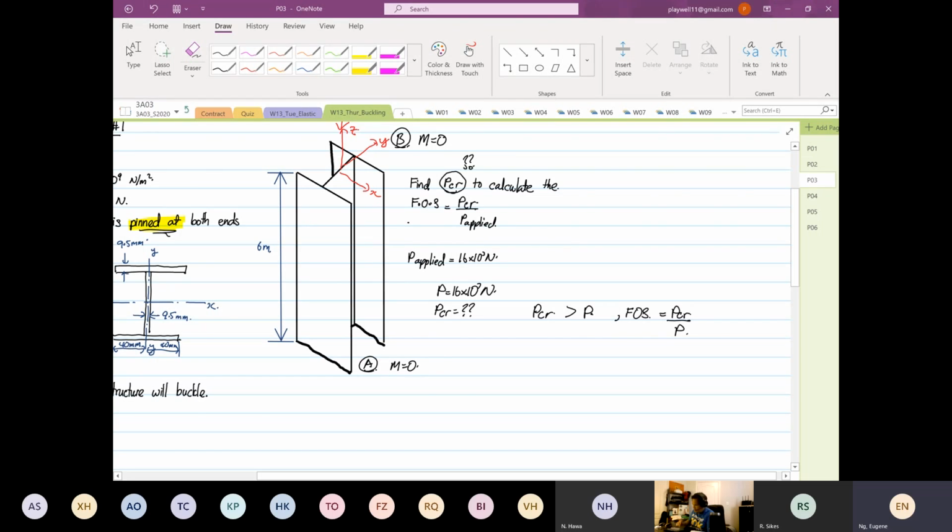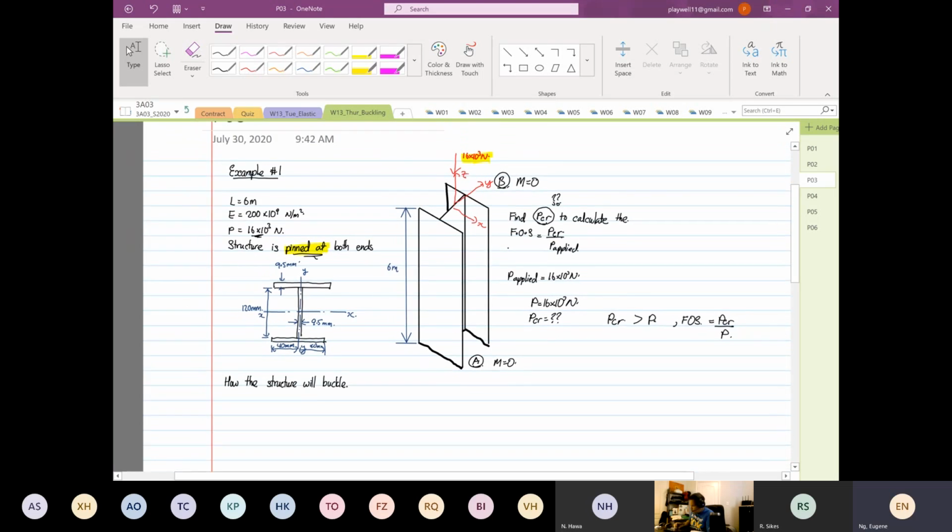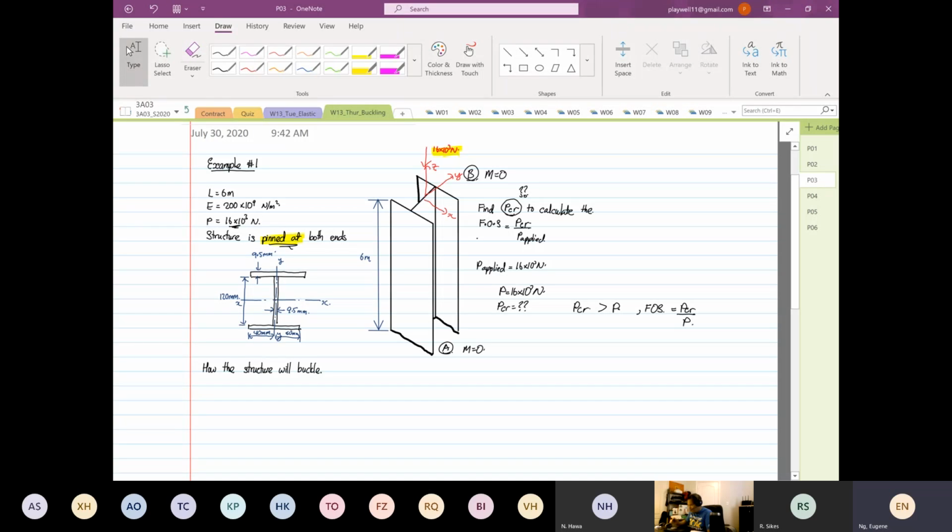So now let's see how this structure will buckle. There are two possibilities for how the structure will buckle. One of the possibilities is that it will buckle on the YZ plane.